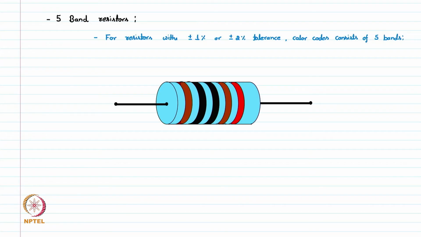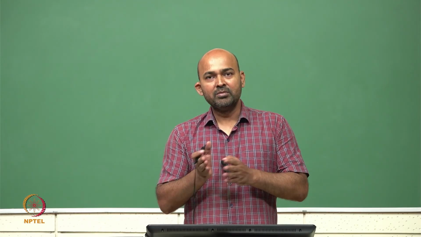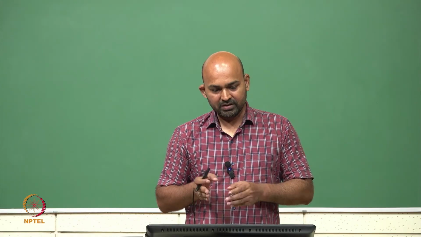So, here instead of the first 2 digits as significant digits, now we have 3 bands. It means 3 digits to specify the significant digits, so that we can specify up to 2 places of decimal what is the actual value of this resistor. So instead of using only 2 bands, now we use 3 bands for the significant digits, and the rest 2 bands are similar to the 4 band color code resistor.